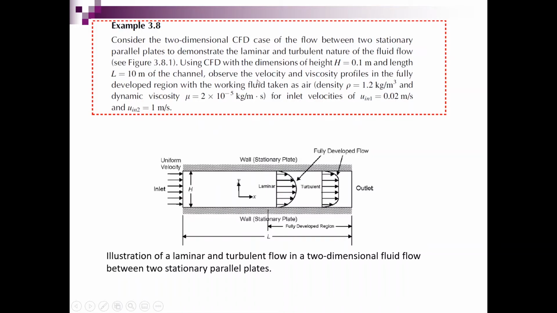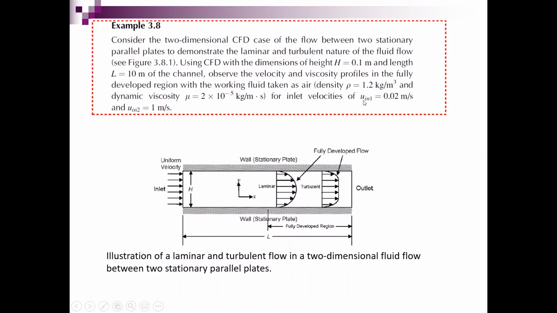Using CFD with dimensions of h equal to 0.1 and length equal to 10 meters, observe the velocity and viscosity profiles in the fully developed region with the working fluid taken as air, density equal to 1.2 kg per meter cubed, and dynamic viscosity mu equal to 2 times 10 to the power of minus 5 kg per meter second, for an inlet velocity of u equal to 0.02 and another inlet velocity equal to 1.